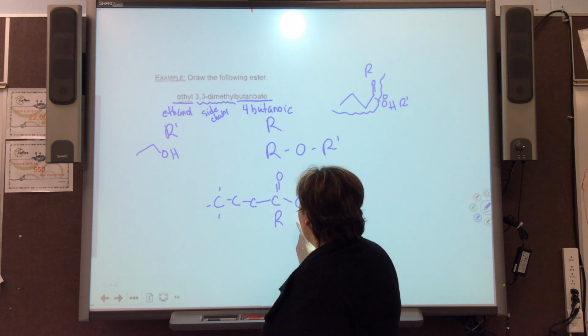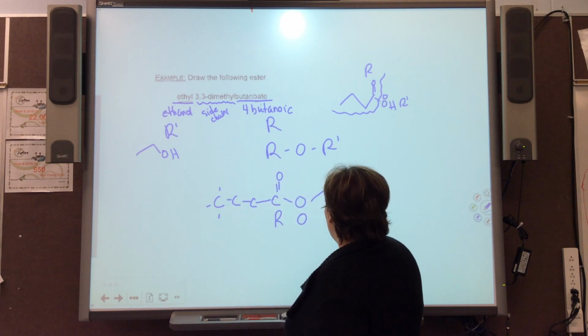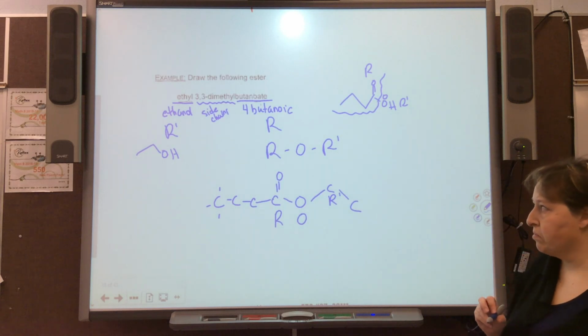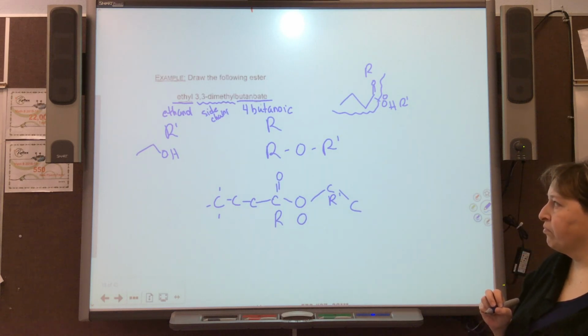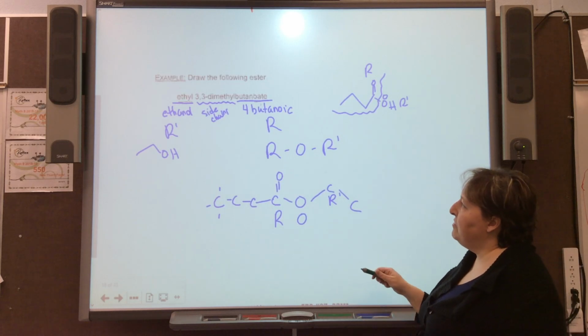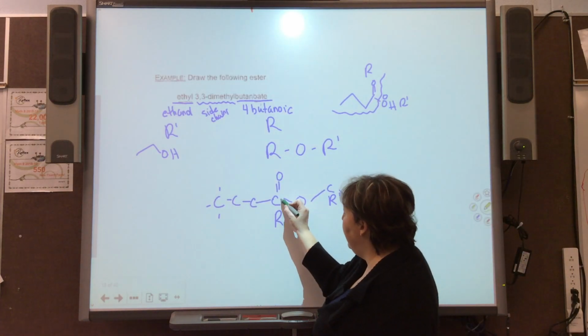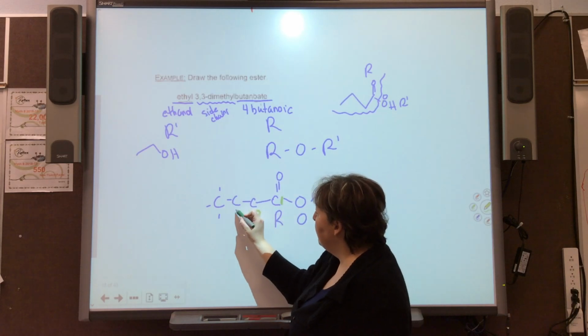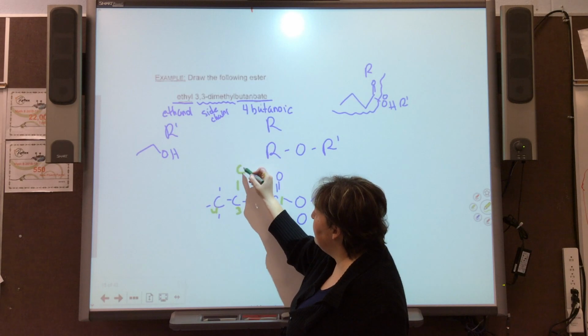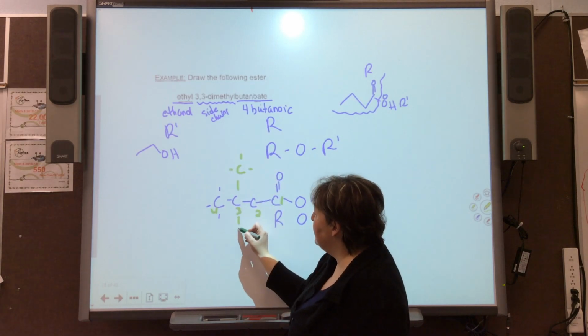R, O, R prime. And on our side chains, we have 3,3-dimethyl. So here's 1, 2, 3, 4. So here we have a C, and here we have a C.